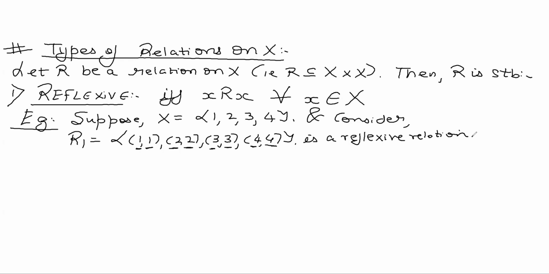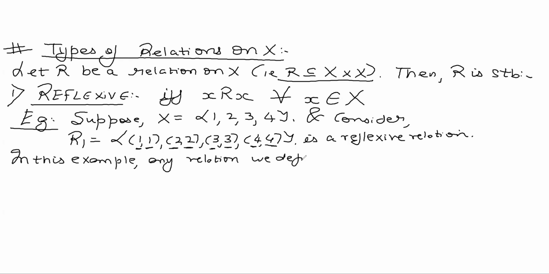By the way, guys, if I say that consider a relation R on X, then what will R be? R will be a subset of X cross X. That means any relation we define in this example would be a subset of the Cartesian product of {1, 2, 3, 4} with {1, 2, 3, 4}.